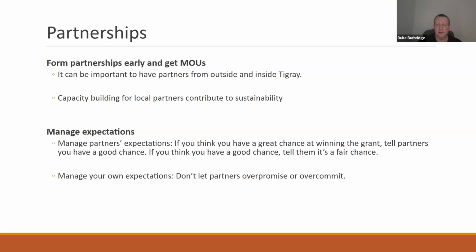You can amend them if you win a grant to specify what they're talking about, but just so you can say that you have partners on the ground that you work with that are willing to work with you, so you have that understanding. This helps build capacity with local partners, and that contributes to sustainability. That's something they like to see. It also helps build your capacity so that you can serve the people that you're trying to serve better. That's another thing that they like to see.